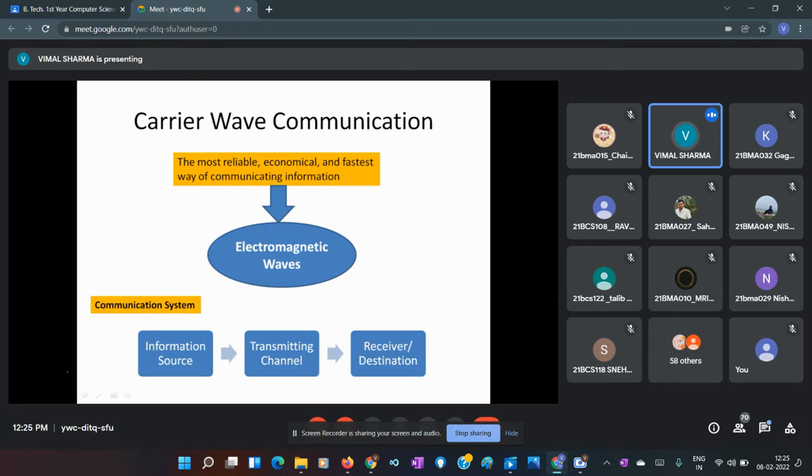So we are interested in sending signal. We can send it in the crudest way, or if we go back to the oldest way, by simply burning fire we can send signal.